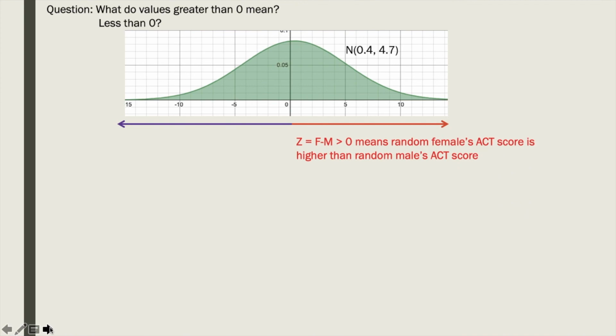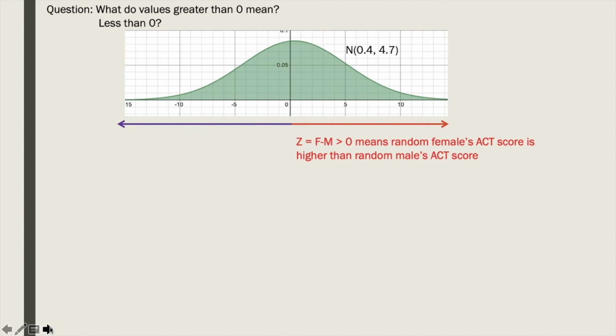Well, if z equals f minus m and that number is greater than 0, that means that the female ACT score has to be higher than the male ACT score. So we're talking about if I chose one random female and one random male, if I subtracted their two ACT scores and got a positive number, then that particular random female's ACT score had to have been bigger than that particular male's ACT score.